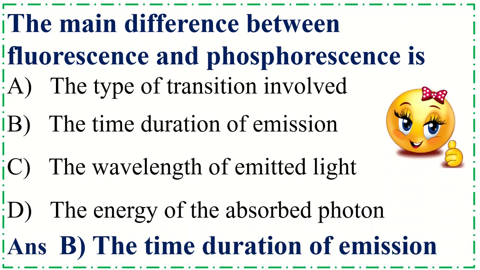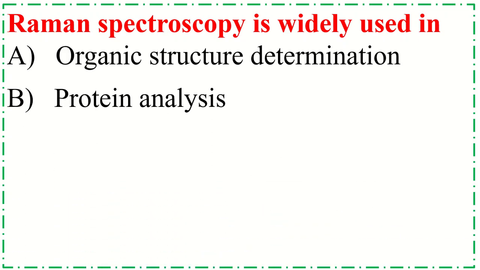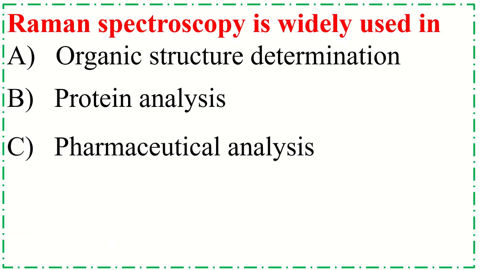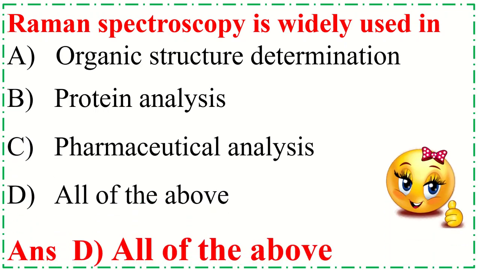Correct option is B, the time duration of emission. Raman spectroscopy is widely used in: option A, organic structure determination; B, protein analysis; C, pharmaceutical analysis; D, all of the above. Correct option is D, all of the above.